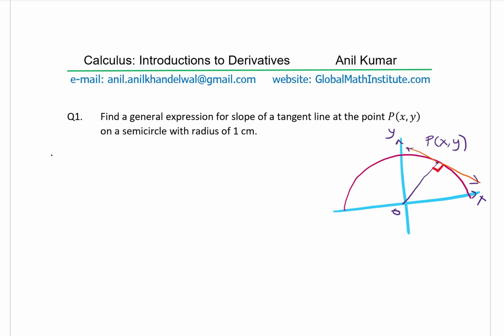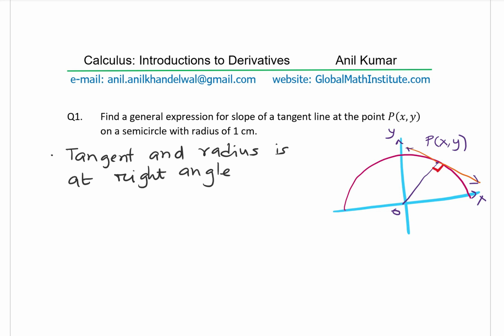So the concept here is that the tangent and the radius are at right angles. So without using derivatives, we can actually find the solution of this.